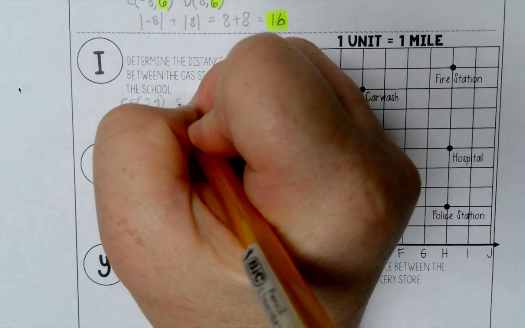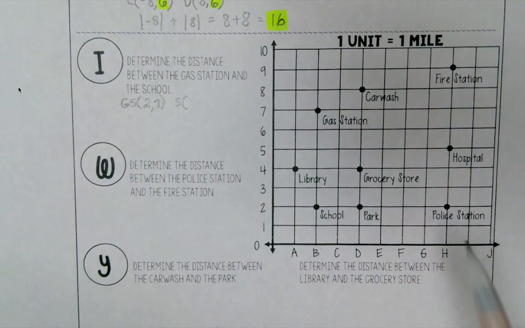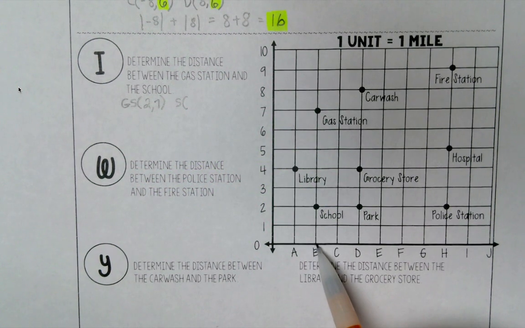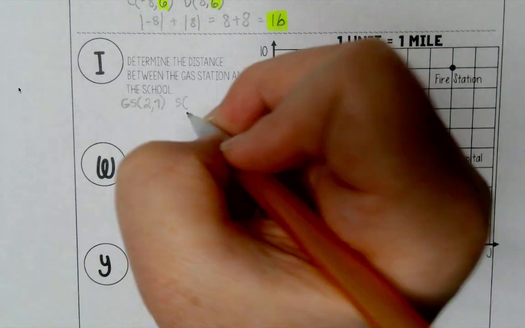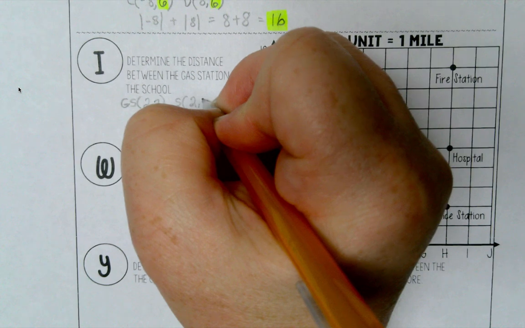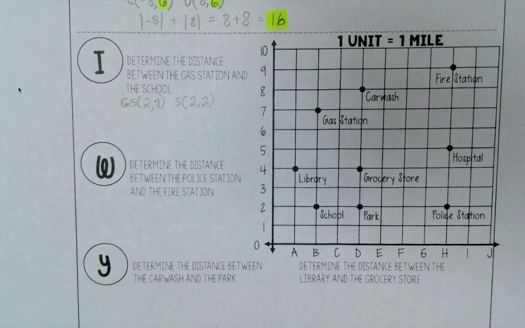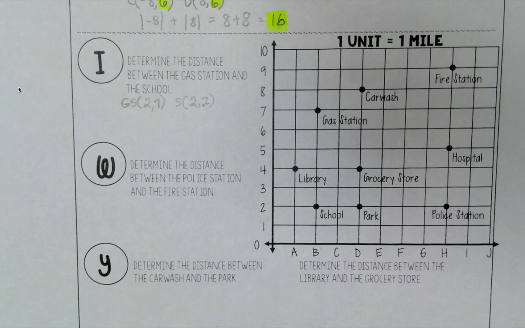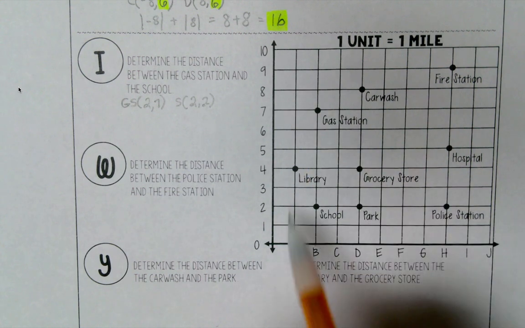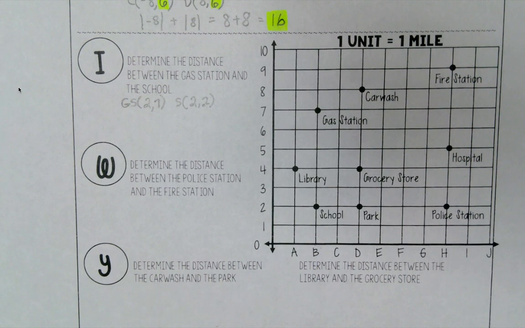And then my school is going to be over 2, up 2. Okay, so they're in the same quadrant because this is quadrant 1. So in case you're like, oh my gosh, what's going on? This is an example where you're like, oh yeah, I got to pay attention. So this is all in the same quadrant.